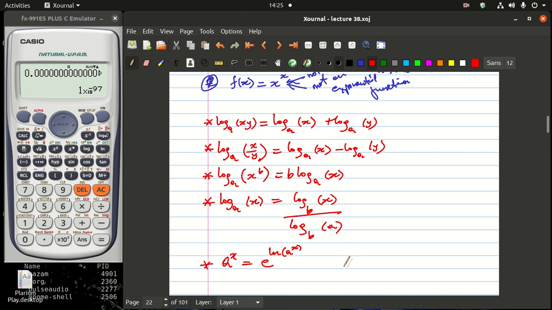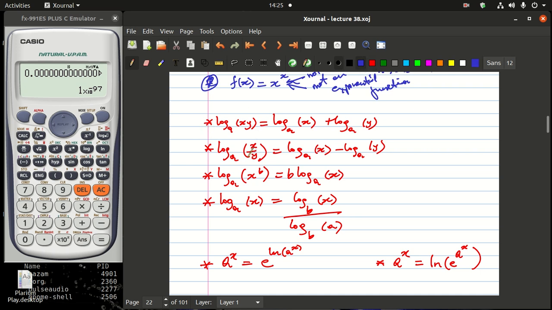We talked about this. And we also said that a to the power x is the same as ln of e raised to a to the power x. Still the same thing, because ln and e always undo each other, and this can come down to be that. So we have these things here.